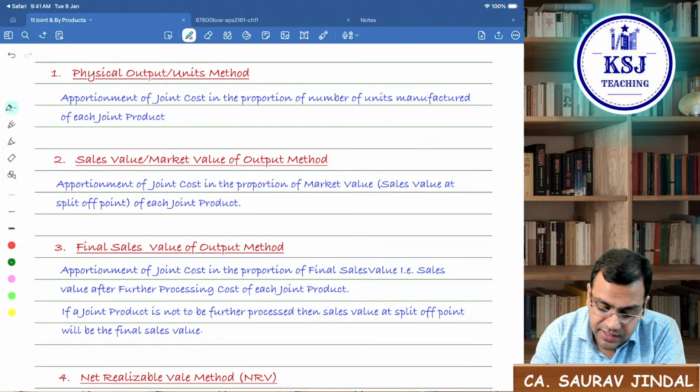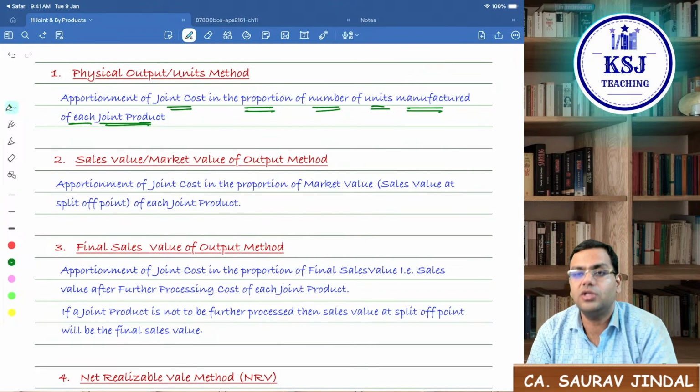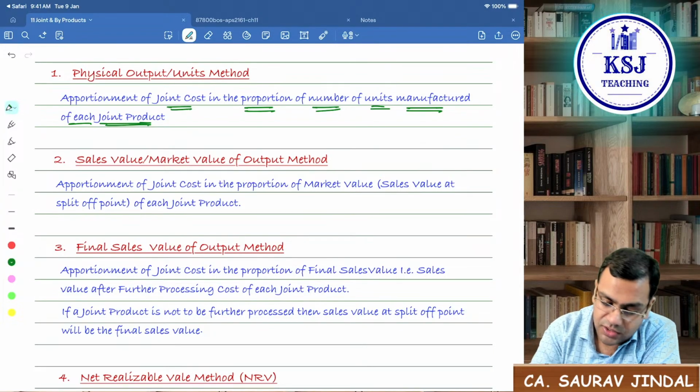The physical units method says that apportionment of joint cost is in the proportion of the number of units manufactured of each joint product, right?